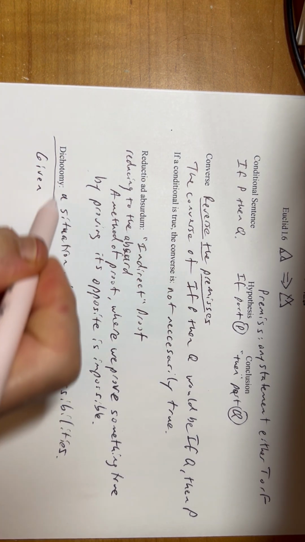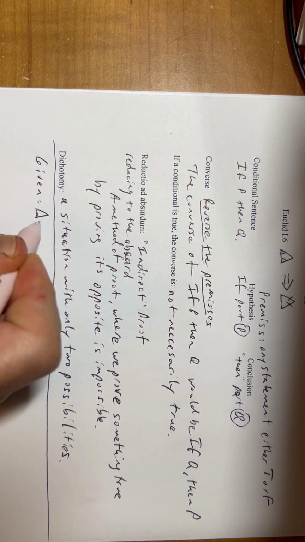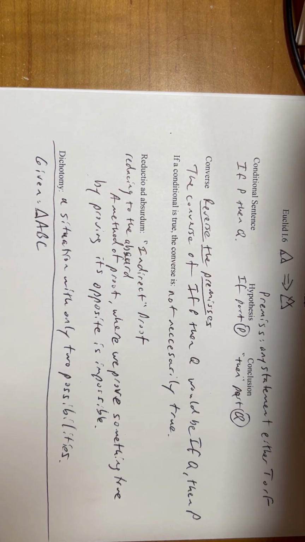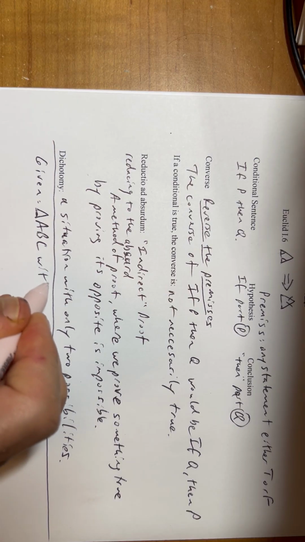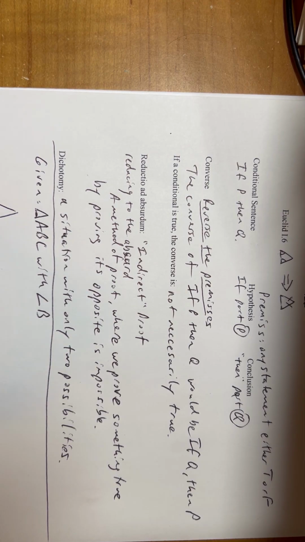We have just enough room down here on the bottom to do that. So we're going to have given triangle ABC with the base angles equal. All right, so I'm going to draw ABC down here.